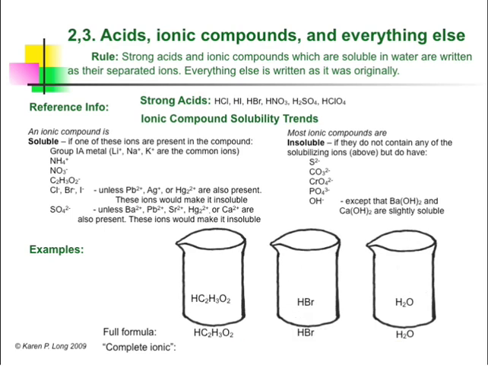Here are some more examples. Pause the video to think about them. Hint: these are not ionic compounds. Because they contain all non-metal atoms, H is a non-metal, no metal ions, no NH4+, these are not ionic compounds.